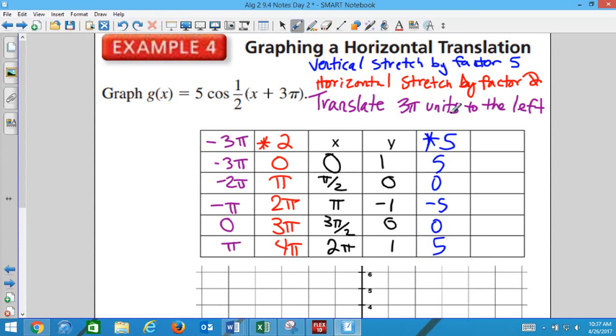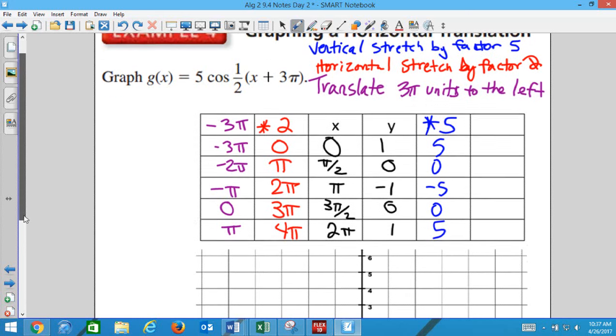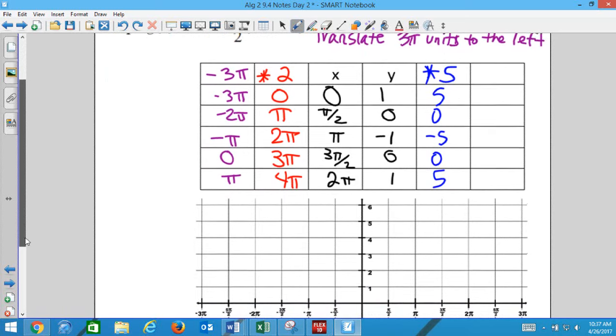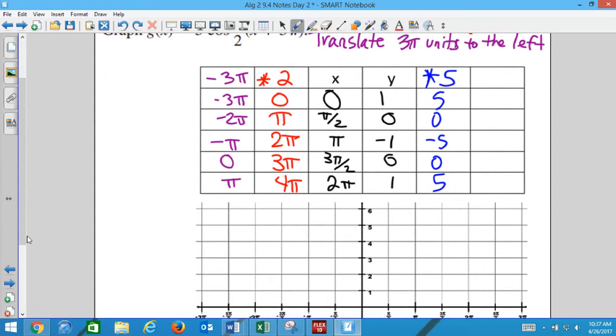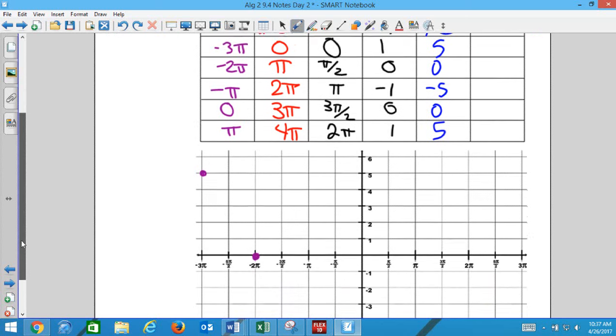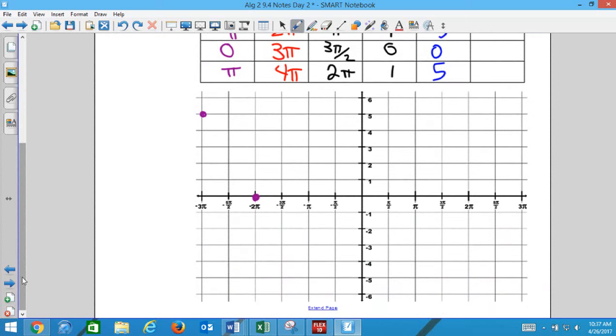All right, so we're going to plot those. At negative 3 pi, we're going to plot 5. At negative 2 pi, I'm plotting 0. At negative pi, plotting negative 5. At 0, we're plotting 0.